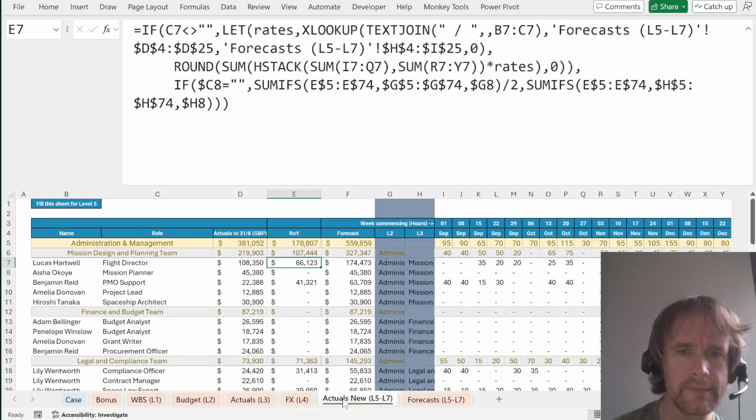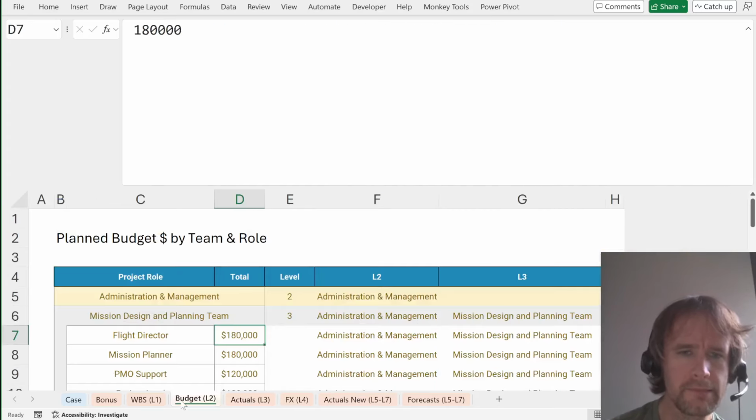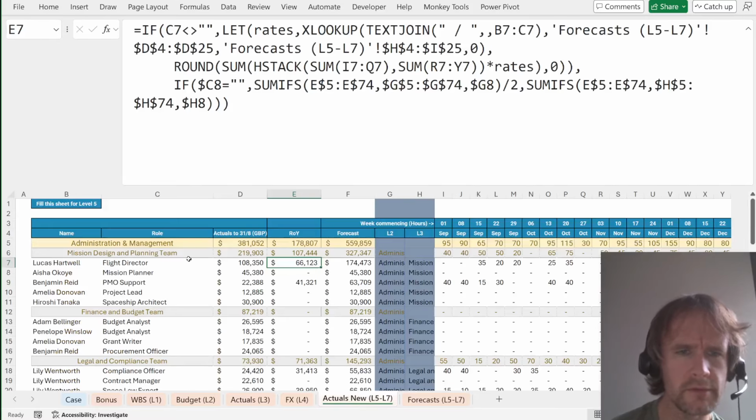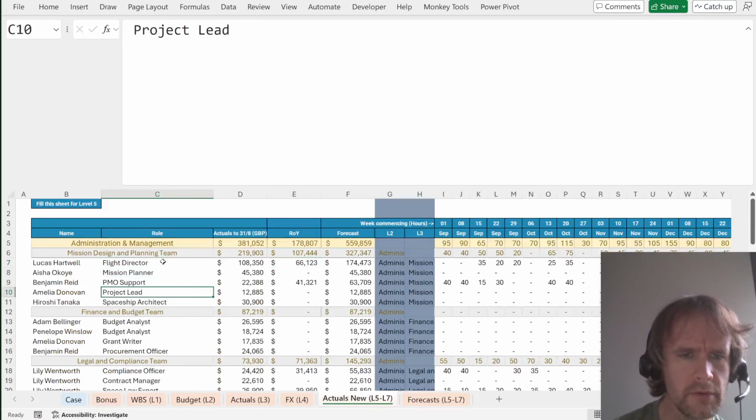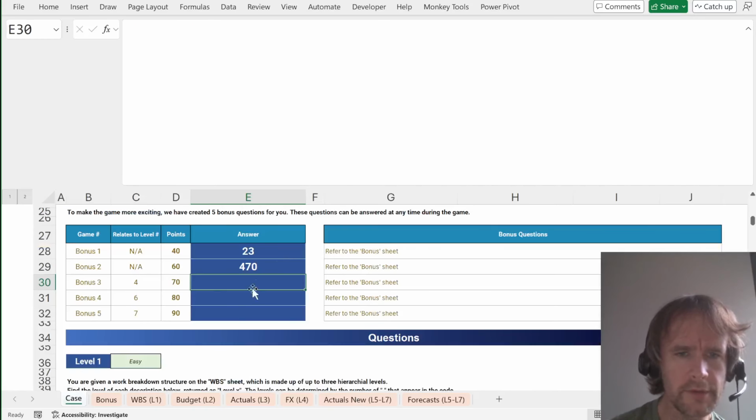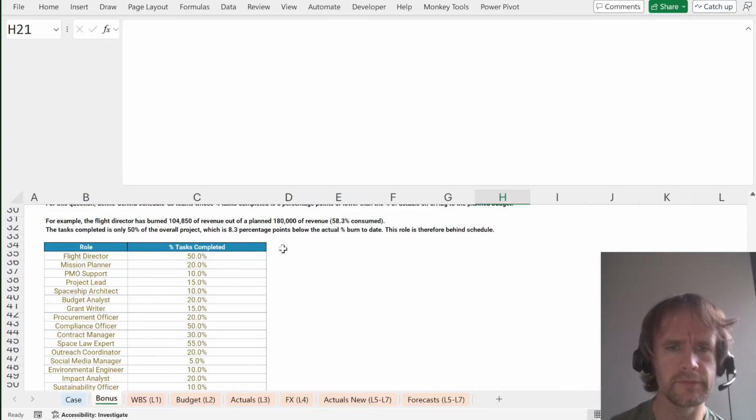Okay, got it. Okay, fine. So are all these roles unique? No, because there's budget analyst twice there. Alright, fine. So, actual, forecast, percent.